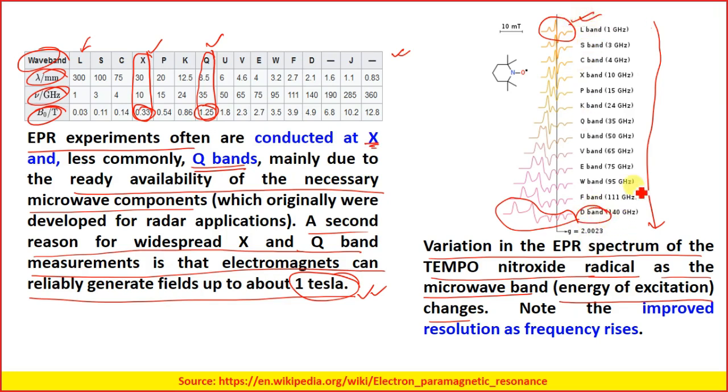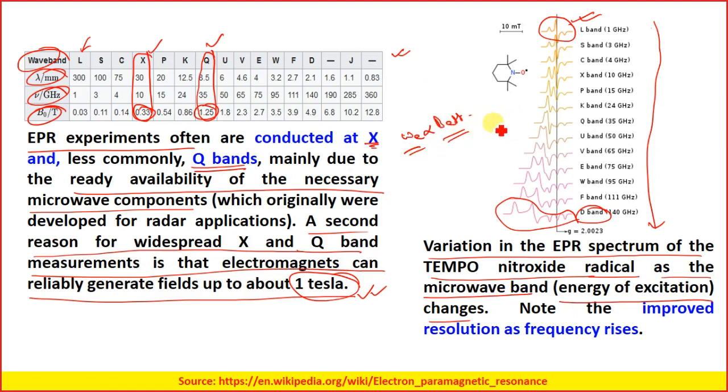The peaks which are present in the D band are not present in the L band. And slowly, as you are increasing the frequency, higher frequency means higher effective magnetic field.